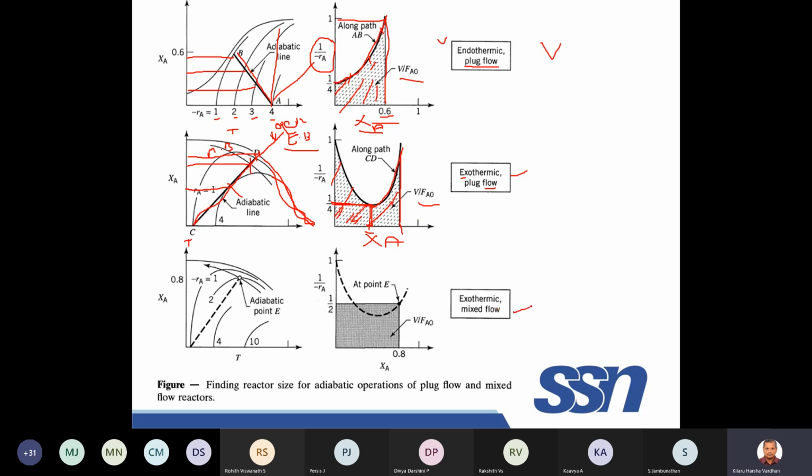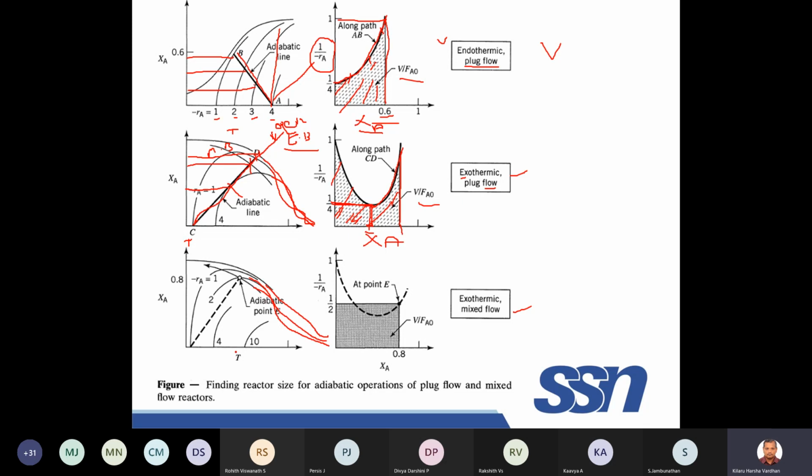Now, if it is an exothermic mixed reactor, you know that for a mixed reactor, it is the area of a rectangle. The same again, exothermic in the sense you get a positive slope, and these are the rate curves. These are the ideal rate curves, and this rate curve will go on to asymptote to that particular thing.